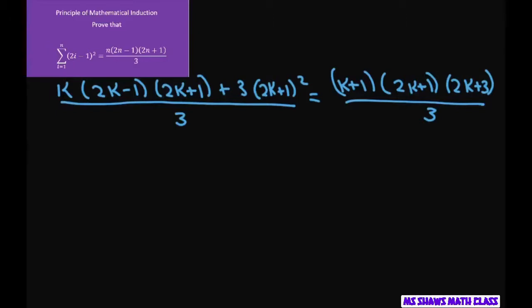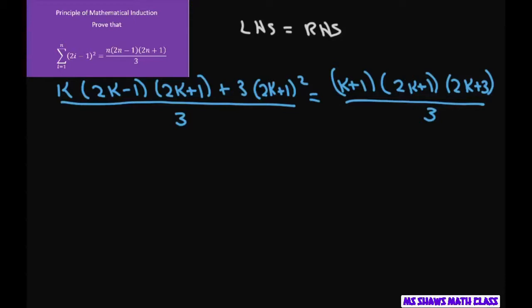Now, since we have that, let's notice that we want the left-hand side to equal the right-hand side. And we're going to get a cube term in here if we're not careful.